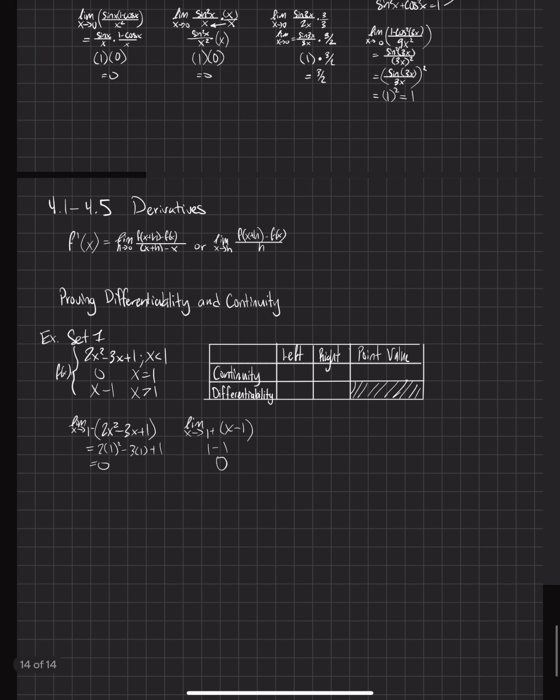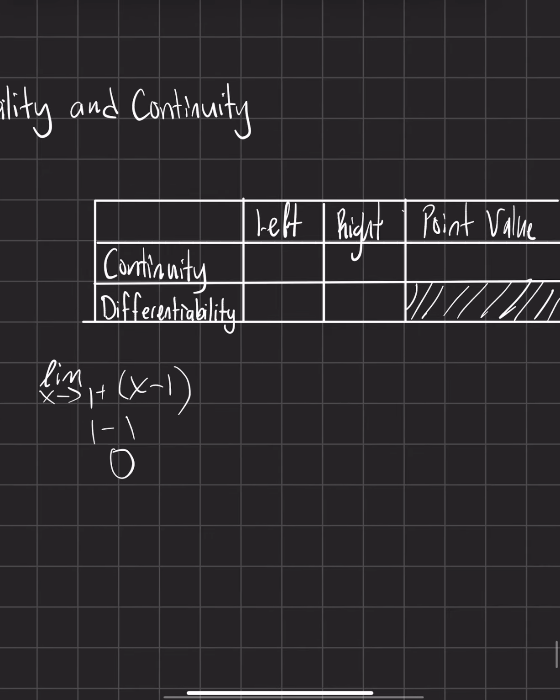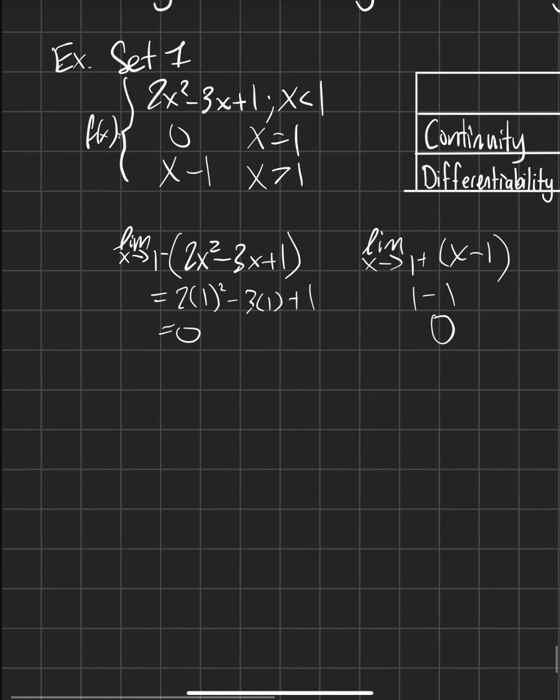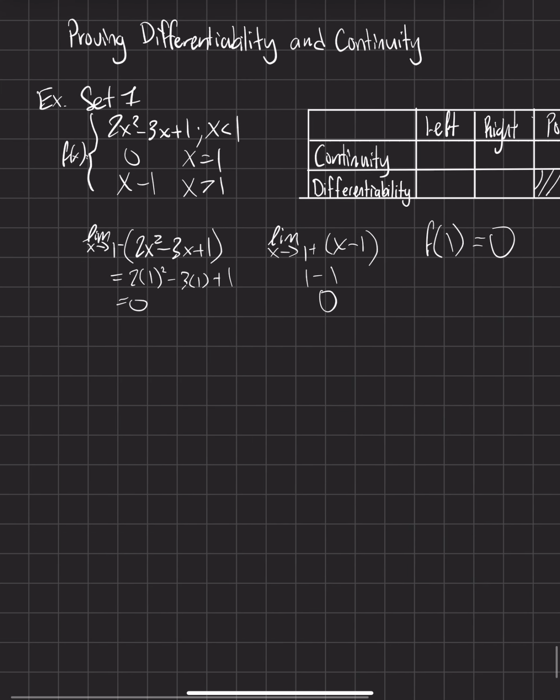Now we need to check our function at the value of 1, and it tells us that f of 1 is equal to 0. So since the left limit, the right limit, and the point value all agree, we can say that this function is continuous. We can put this here.